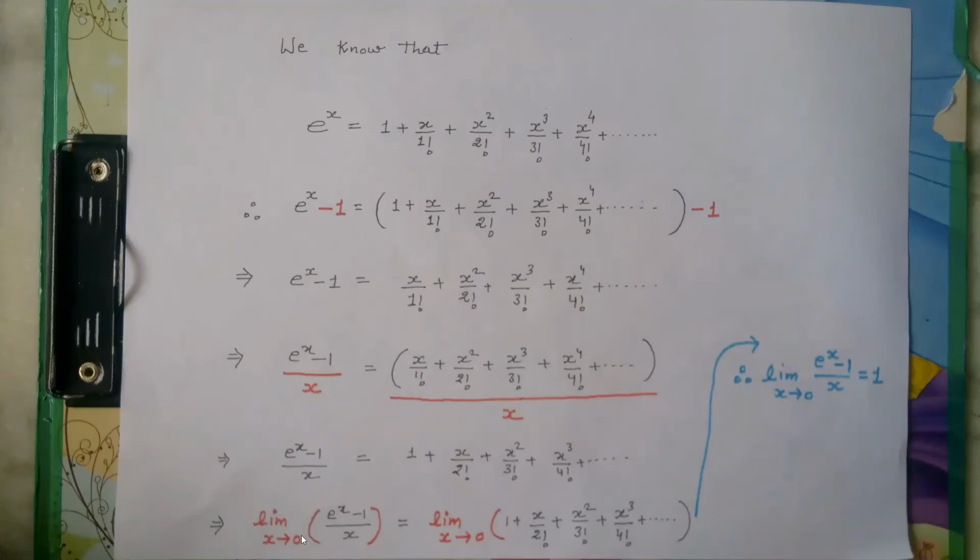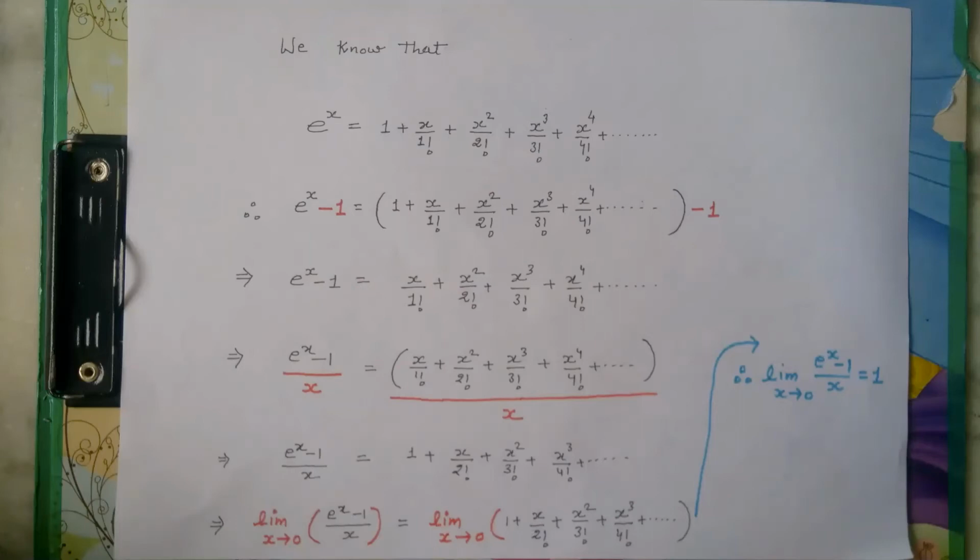In the next step, insert the limit x approaches 0 on both sides. So on the right hand side, the first term is 1, and except for this first term, every term contains x.